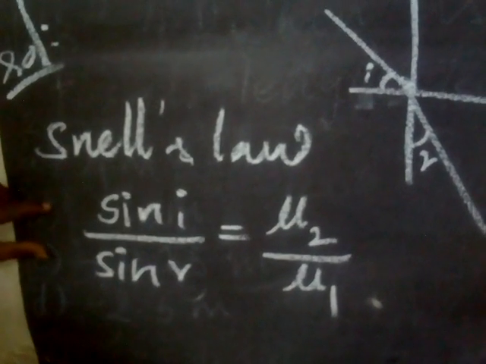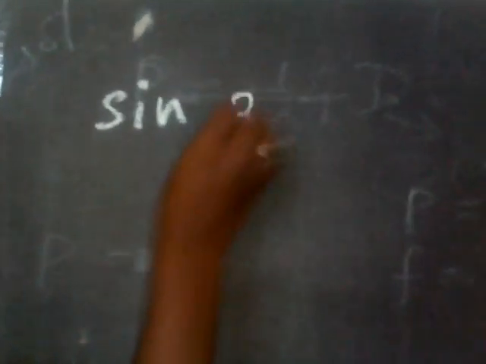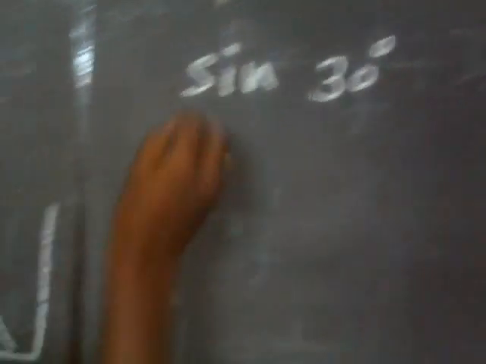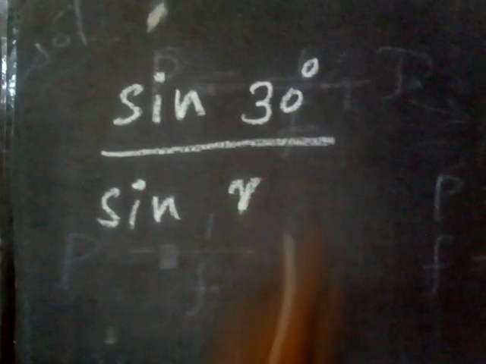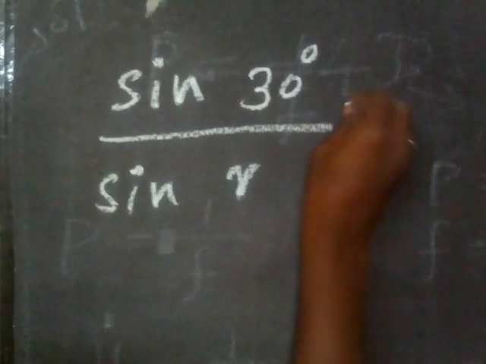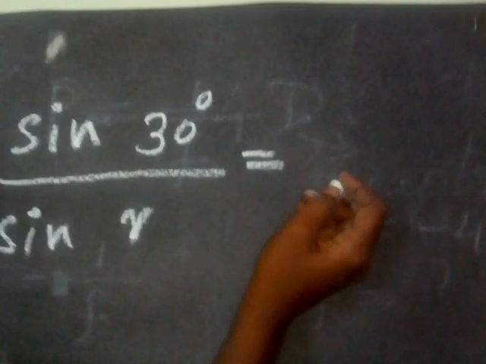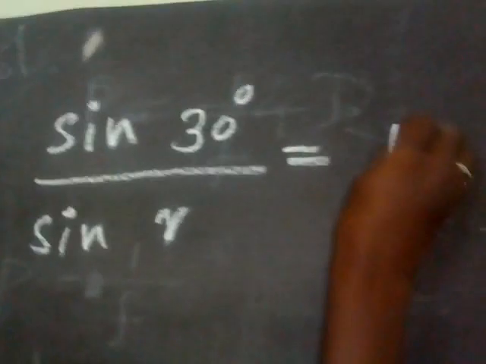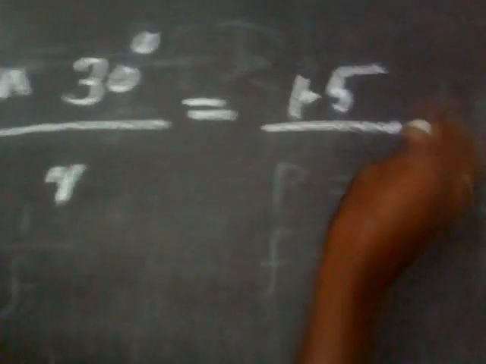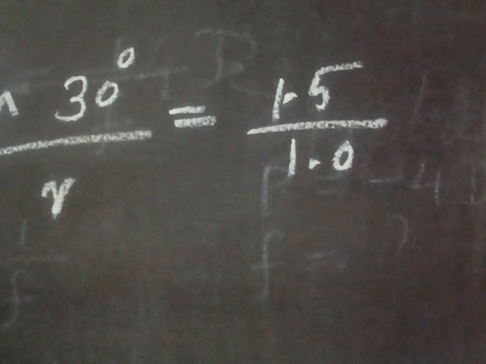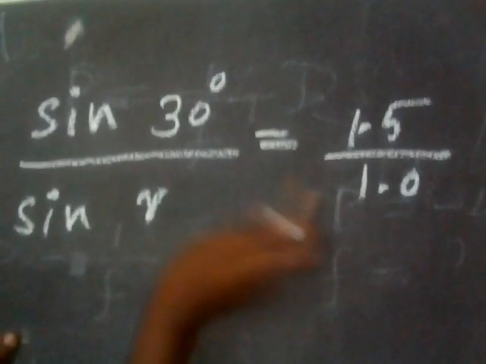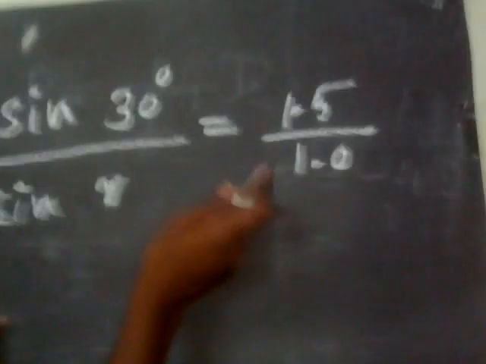So apply the values. Sine I, the value is 30 degree, divided by sine R, the angle of refraction we have to find, is equal to mu2, 1.5, divided by mu1, 1.0. Next, cross multiply these two terms.